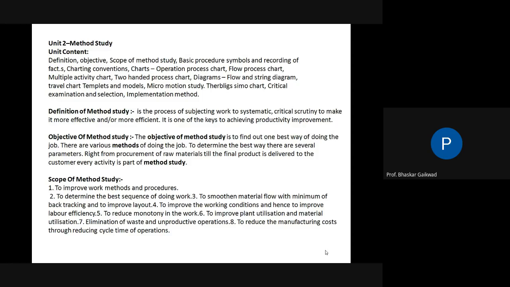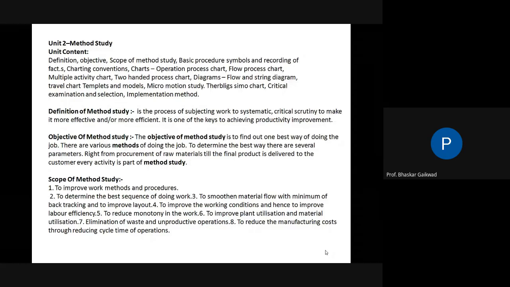Definitely, the per hour cost of the CNC machine we can reduce, because of the continuous working of the machine. 2 minutes each product means it is continuous. The job production is there, then multiply by the number of jobs, and that much cost will decrease. Okay, so this is the scope of method study.